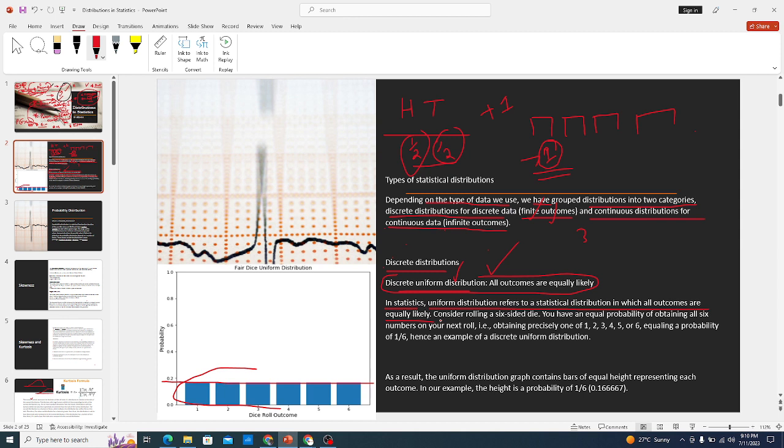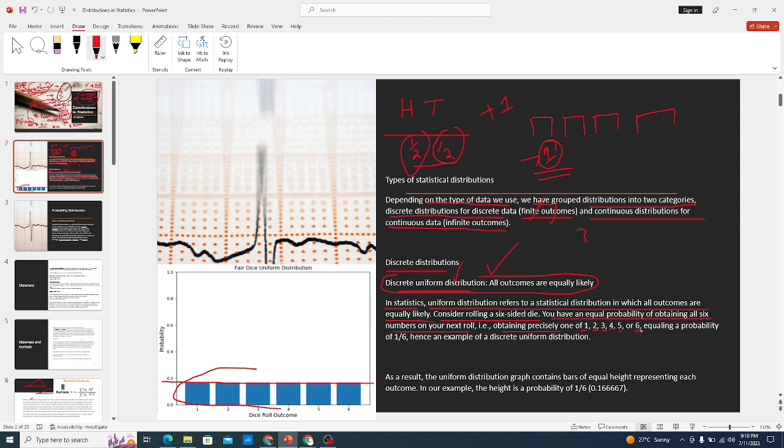So consider rolling a six-sided dice. You have an equal probability of obtaining all six numbers on your next roll, i.e. you can obtain a one, a two, a three, a four, a five, or a six.